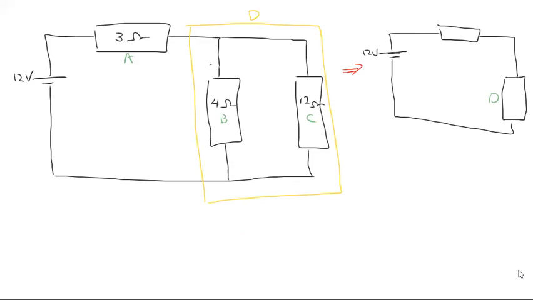Now we know A has a resistance of 3 ohms. Now for D, let's work out the resistance of D. Remember, D is actually B and C in parallel, right? So therefore you use the parallel circuit formula to do it. And we know the numbers here. So this will end up being 4/12 or a third.